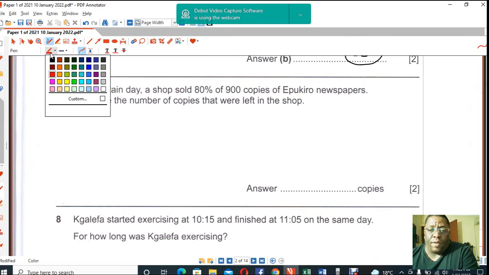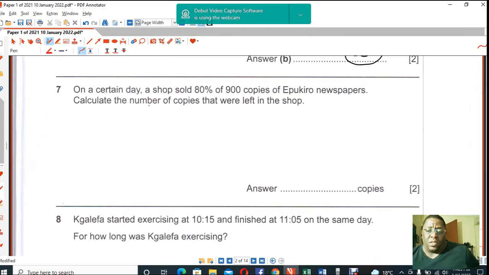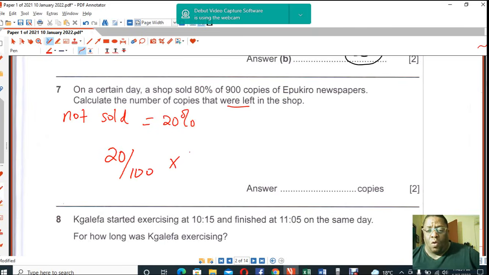So here you have a certain day, they say a shop sold 80% of 900 copies, and you're supposed to calculate the number of copies that were left, the ones that were not sold. So not sold would be 20%. So you can therefore say 20% of 900. That takes you directly to the answer, which should be 180.